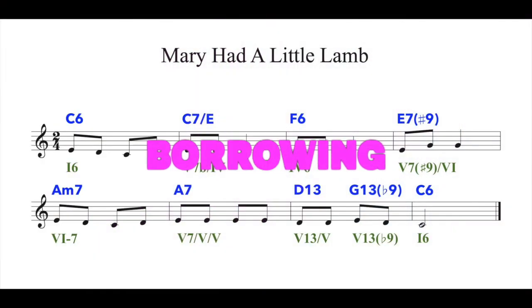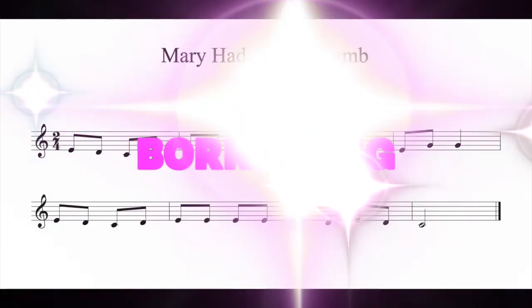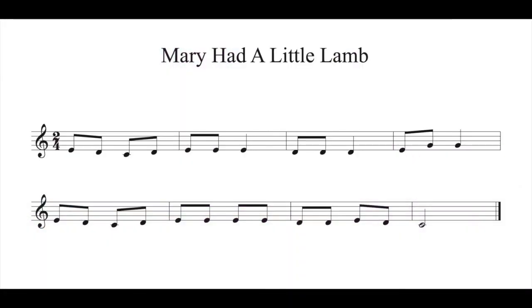We can also borrow chords from a parallel key. Borrowing, also known as modal interchange, is typically done between parallel major and minor keys. This piece is in major, so let's invite some chords from our parallel minor.